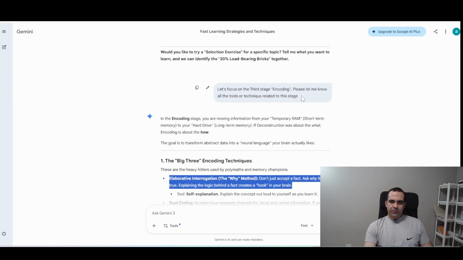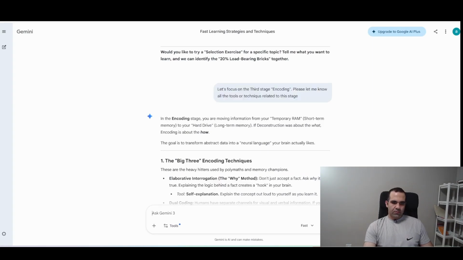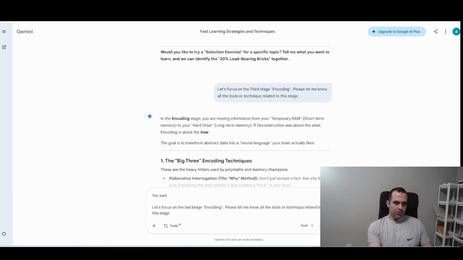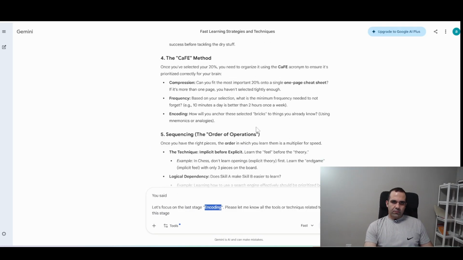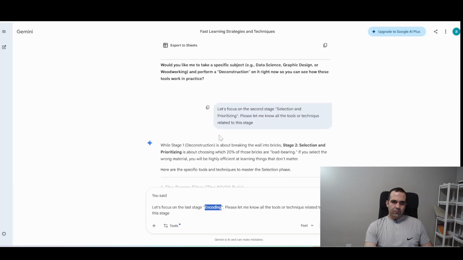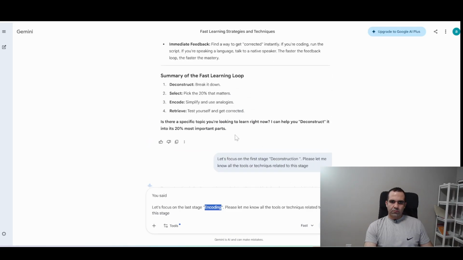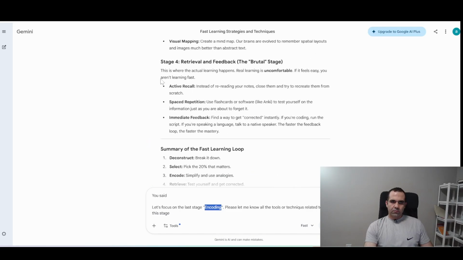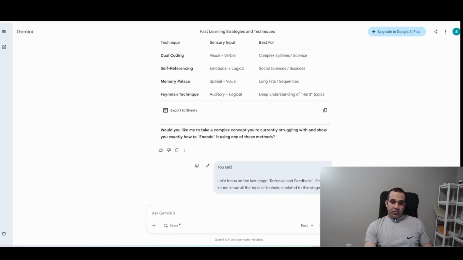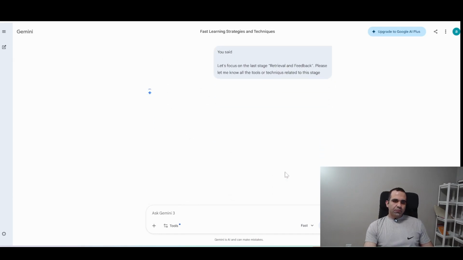So we use the prompt: please let me know all the tools or techniques related to this stage.